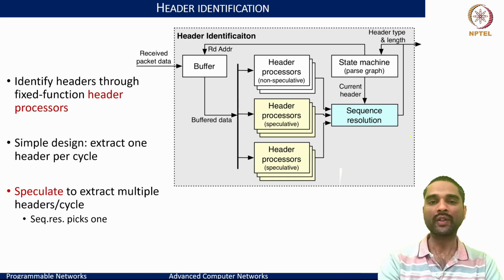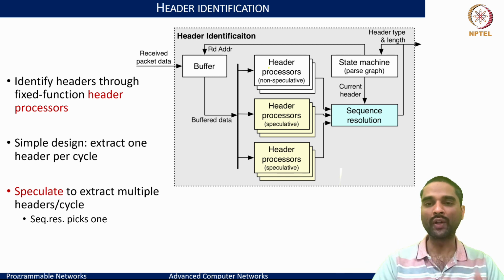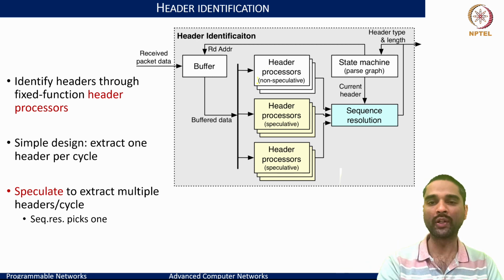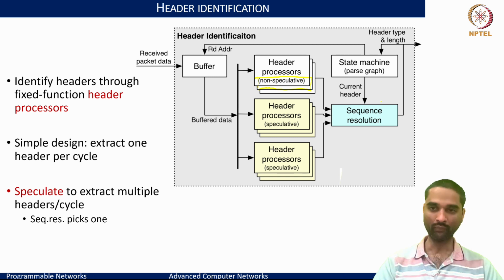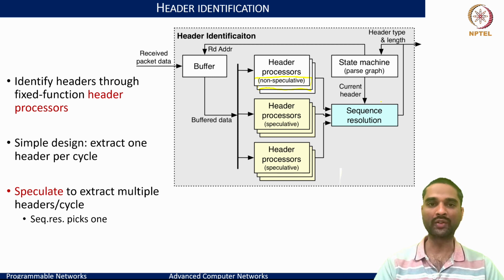So there is a common buffer where the headers that you have matched in a non-speculative manner, the confirmed headers that we have seen, are processed. And for all of these, we would have the sequence of operations in terms of what matches and what actions need to be taken.